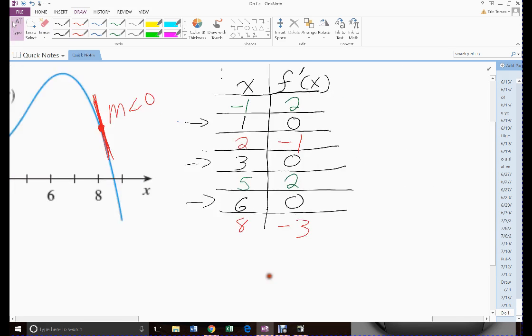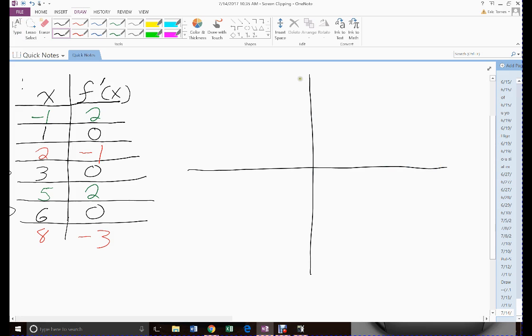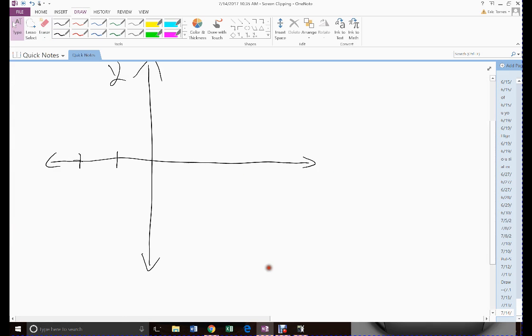Why? Because when I plot these points on a graph, I'll be able to answer the question. I'm not going to scale my y because it doesn't matter. So let's go from, let's see, actually this graph was more like this. -2 all the way to 8, right?